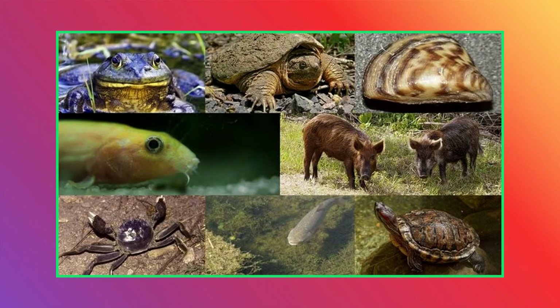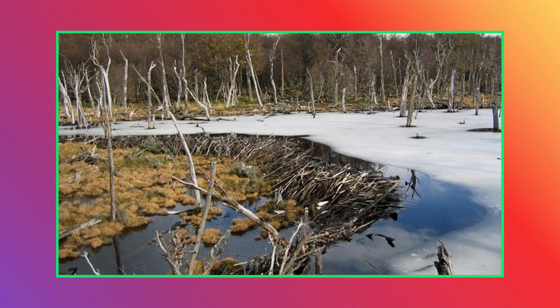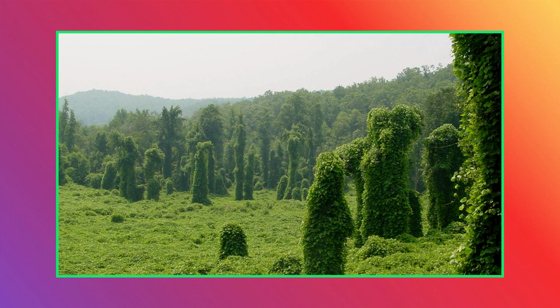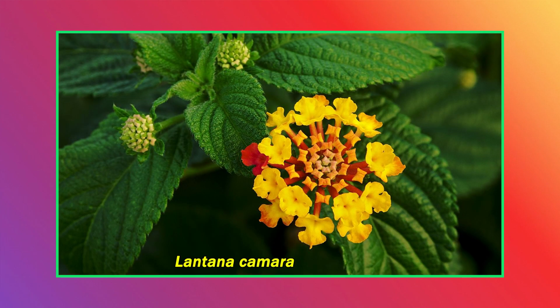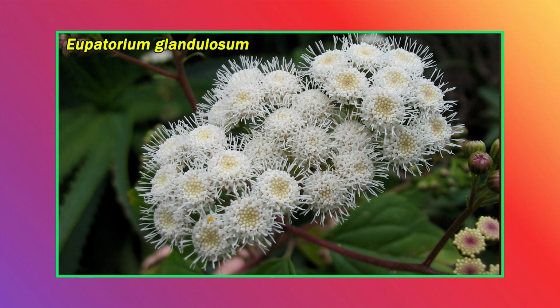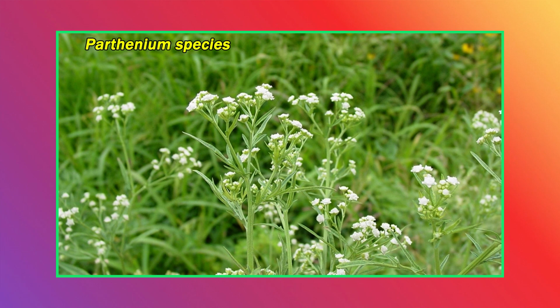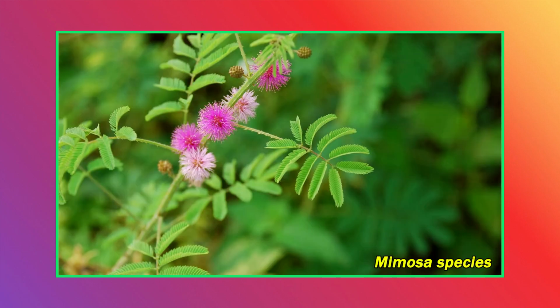Invasive species are considered second only to habitat destruction as a major cause of extinction of species. Examples are the major plant forest invasive species that include Lantana camara, Eupatorium glandulosum, Parthenium species, Mimosa species, etc.